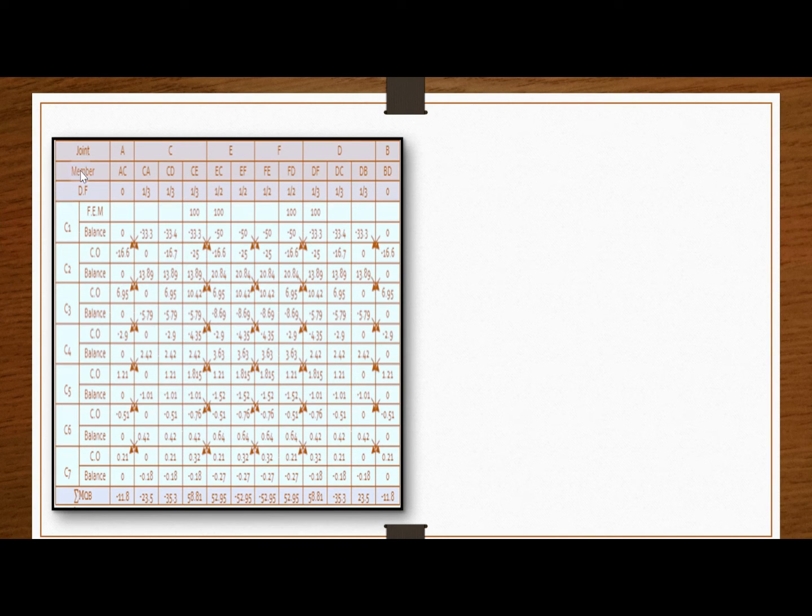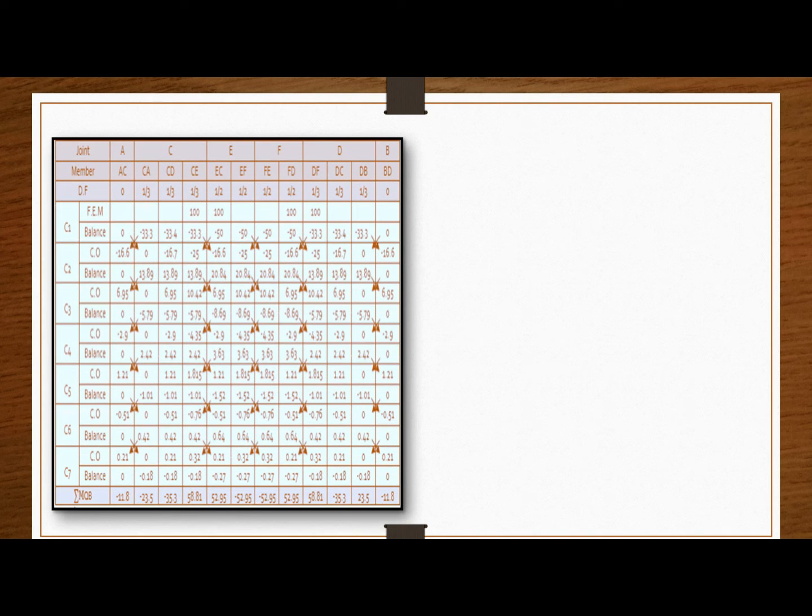So joint A, same lang siya, 0. Member AC, distribution factor natin is 0. Same lang sa pag-solve natin sa first na table. So, 100.